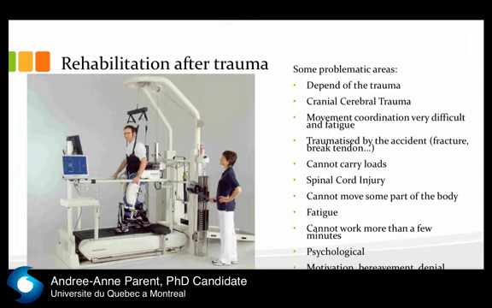Spinal cord injury, we'll talk a little bit more about it. You cannot move some part of your body. Fatigue is the most important thing in rehabilitation, because in the first part of rehabilitation, they cannot do more than a few minutes. With time, they can do more, but it's really difficult for people to begin with the fatigue, because they have to rest.